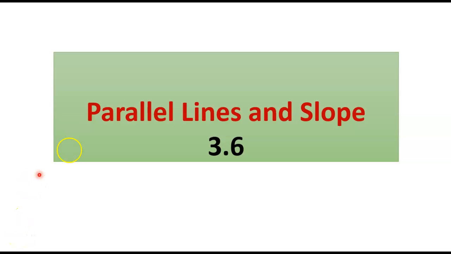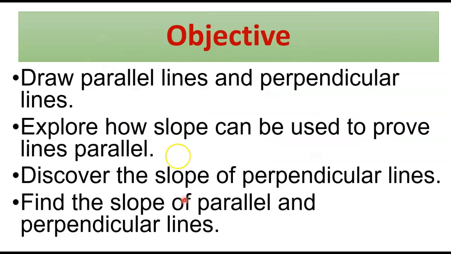In this video, we'll look at parallel lines and perpendicular lines and slope. We have already used GeoGebra to draw parallel lines and perpendicular lines and explore their slope. We have also used that visual proof that if two lines are perpendicular to the same line, then those two lines are parallel.